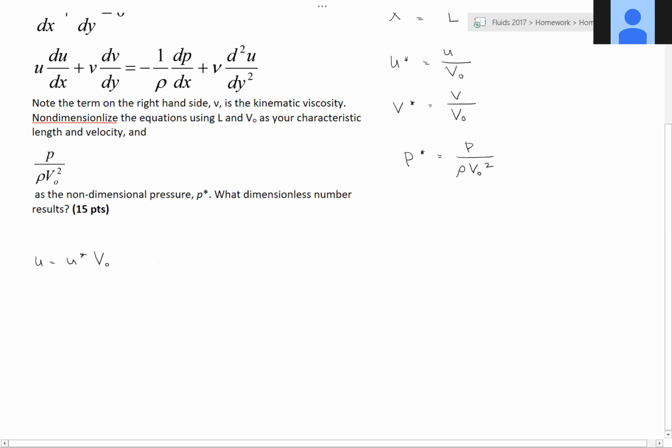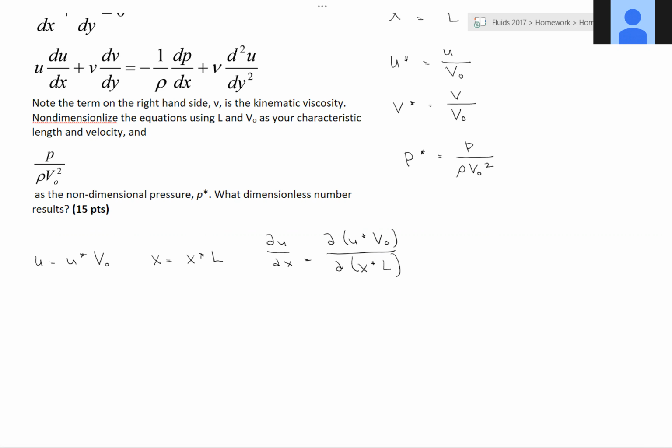And our x is equal to x star L. So our du dx is equal to du star v naught divided by dx star times L. So how would we make this dimensionless, which means you have to have a star in the particular quantity?